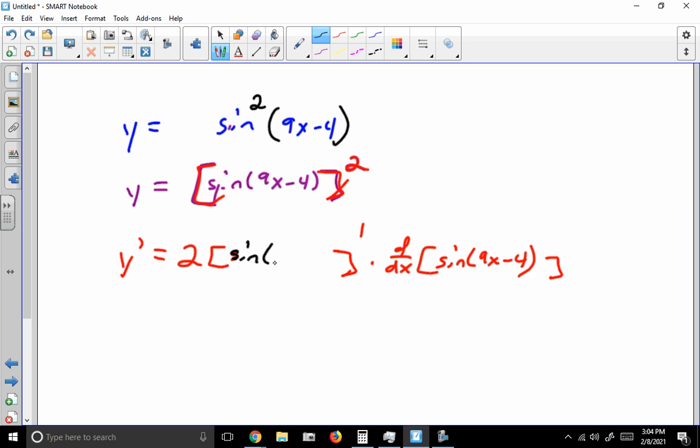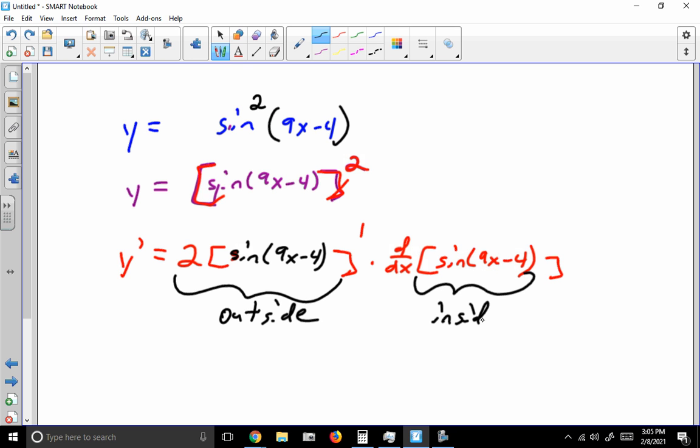So that input is sine of 9x minus 4. Notice here we haven't taken the derivative of the inside part yet. So this is the derivative of the outside. That gets multiplied times the derivative of the inside. So the derivative of the outside is 2 out front to the 1 less power. The inside function is all of this, so times the derivative of that inside.